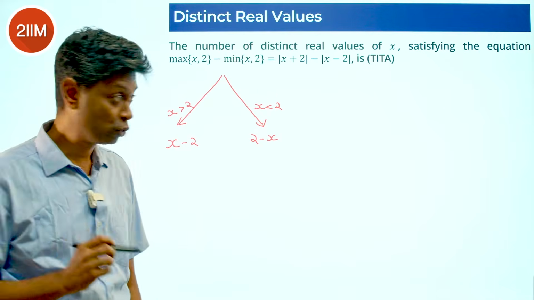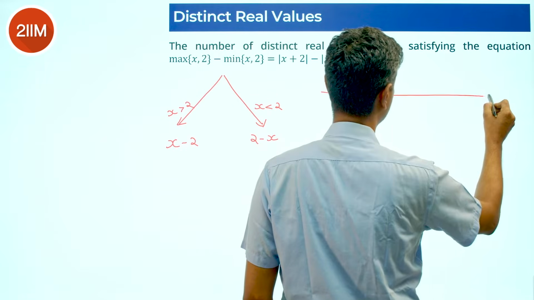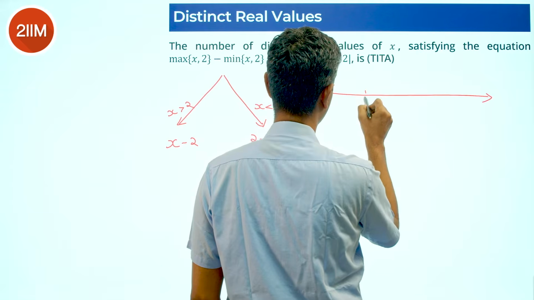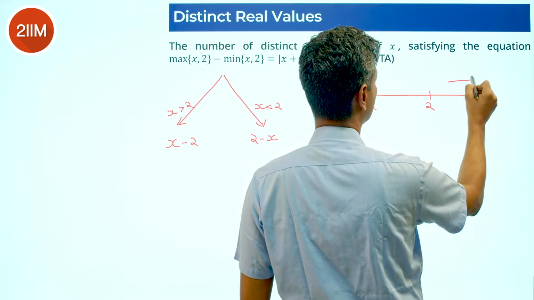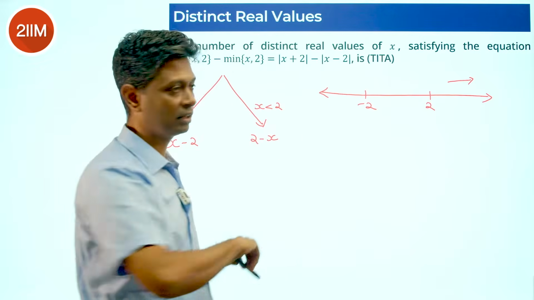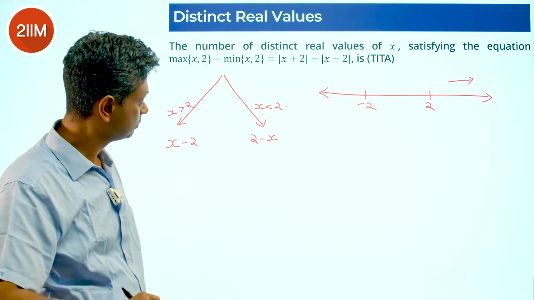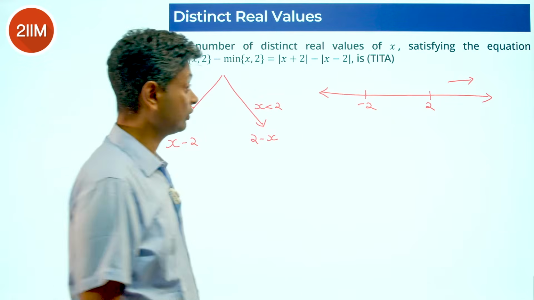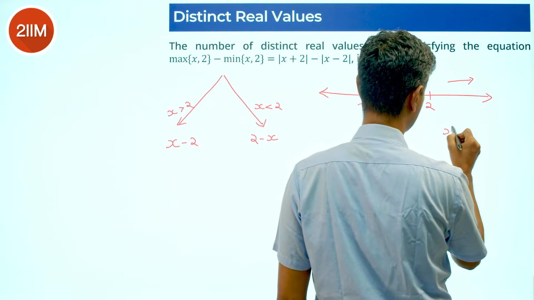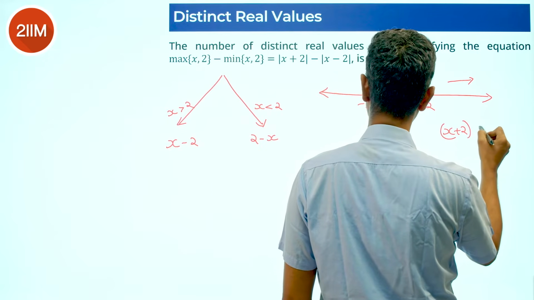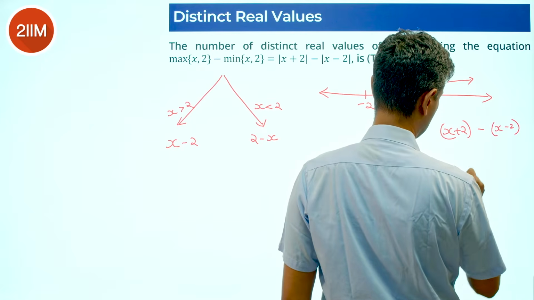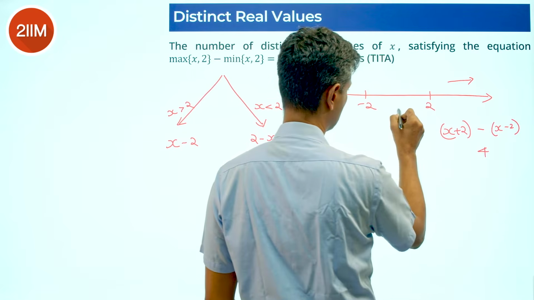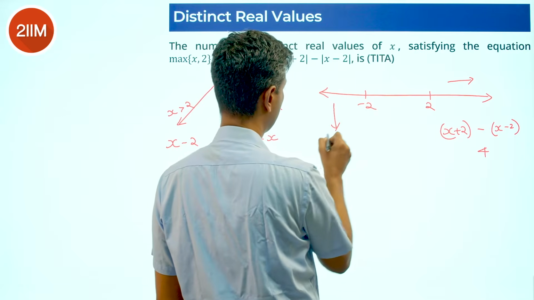This side is more interesting. Draw the number line here and put minus 2, 2 and this side. Here both of these are greater than 0. So modulus of x plus 2 will be x plus 2. Here the expression will be x plus 2 minus of x minus 2. This is 4. Here both will be negative.